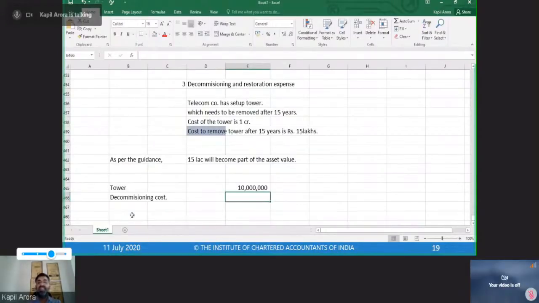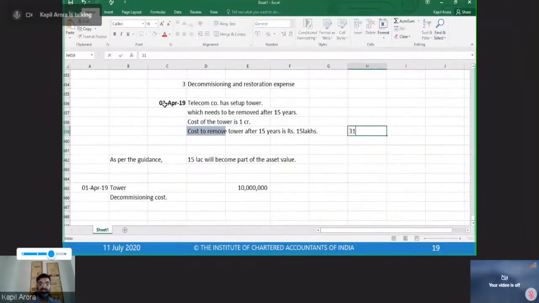Why? Because this 15 lakh which we are giving here, the telecom tower was set up, let's assume, on 1st April 19. So we are talking about the value of this asset on 1st April 19, whereas we are making the payment after 15 years, which would be 31st March 2022.